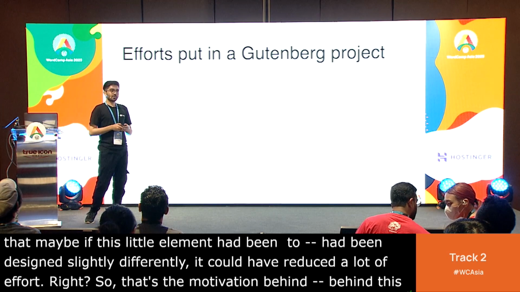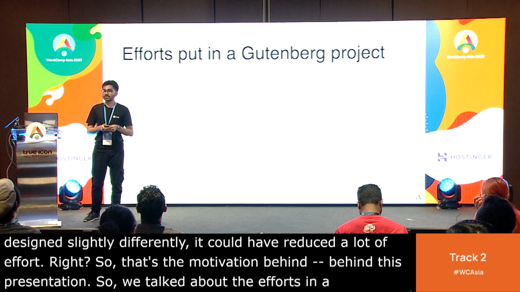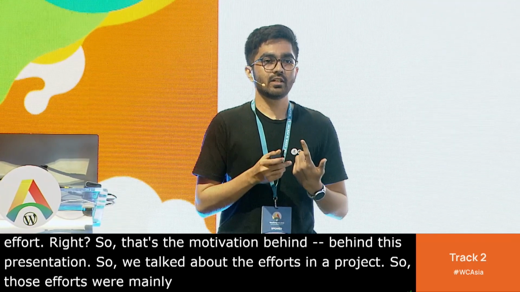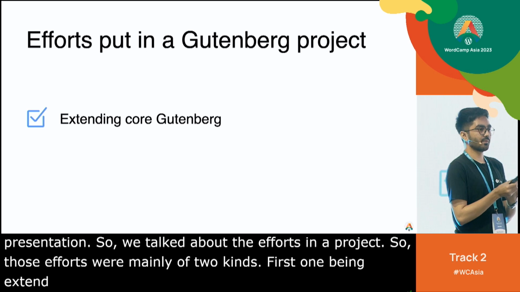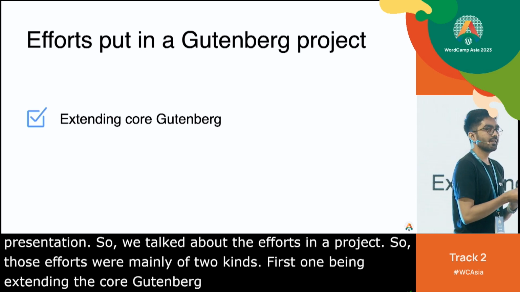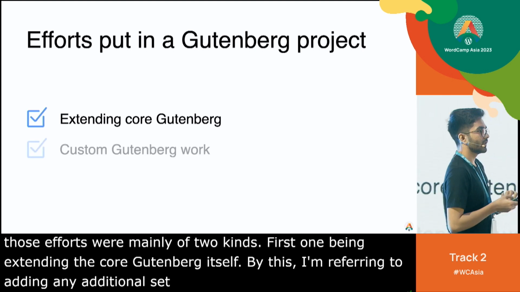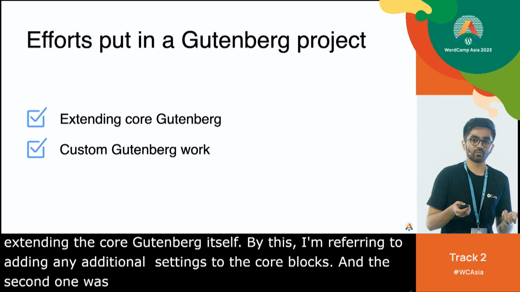So we talked about the efforts in a project. So those efforts were mainly of two kinds. First one being extending the core Gutenberg itself. By this, I'm referring to adding any additional settings to the core blocks. And the second one was creating or doing custom work in Gutenberg, right?